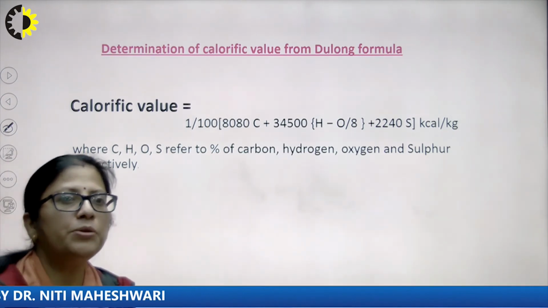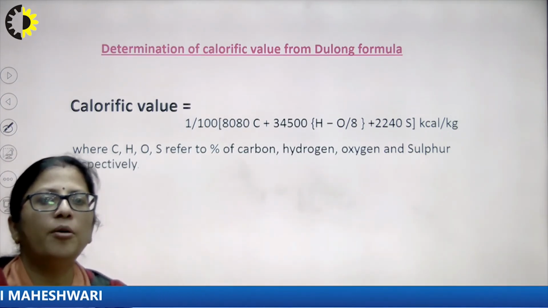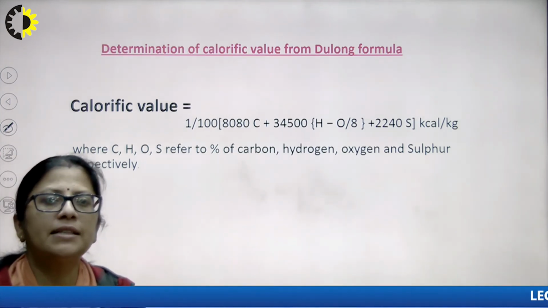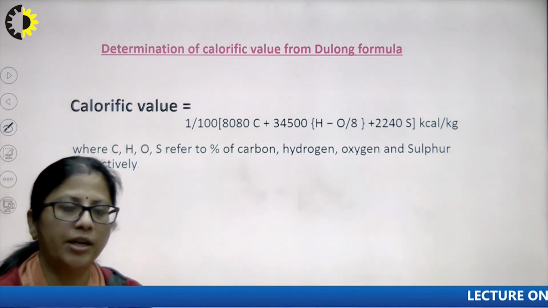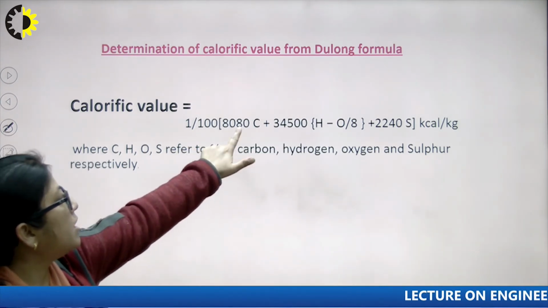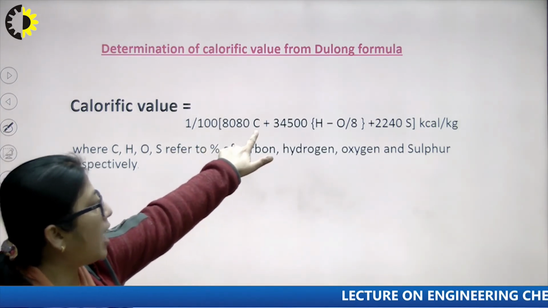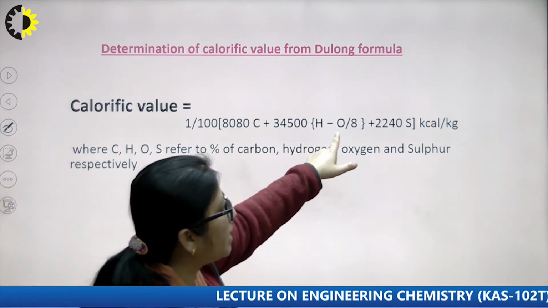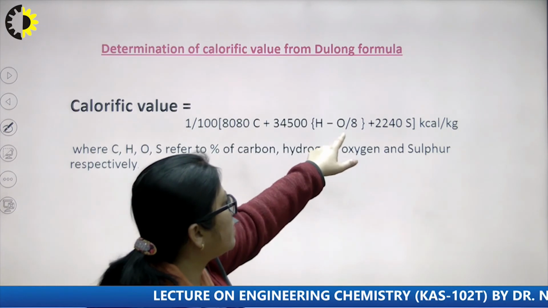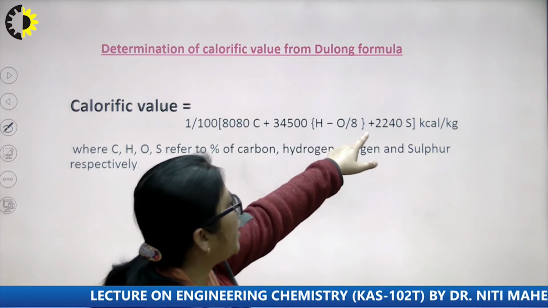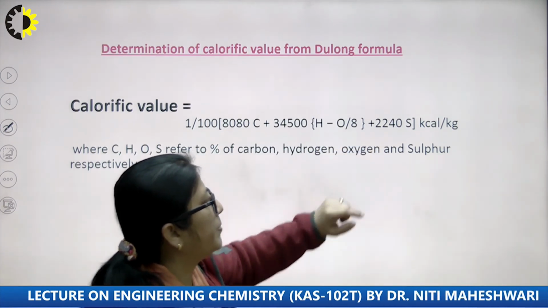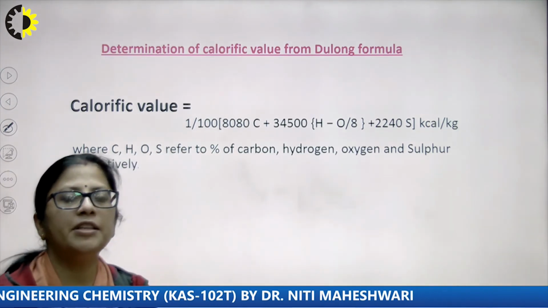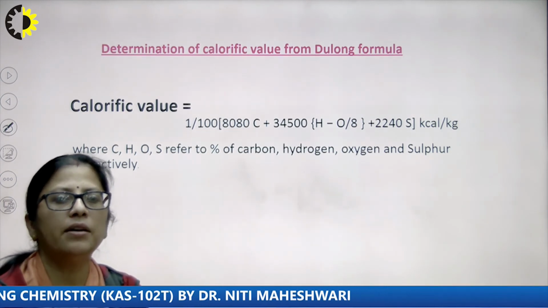Now, coming to the determination of calorific value from Dulong's formula, the formula is given as 1/100 of [8080 × percentage of carbon + 34,500 × (percentage of hydrogen minus percentage of oxygen divided by 8) + 2240 × percentage of sulfur], and it is calculated in kilocalories per kg or calories per gram.